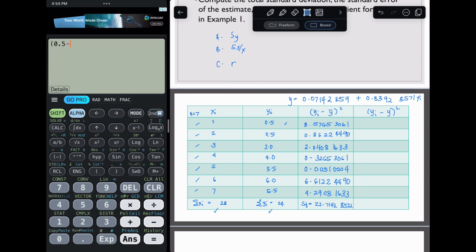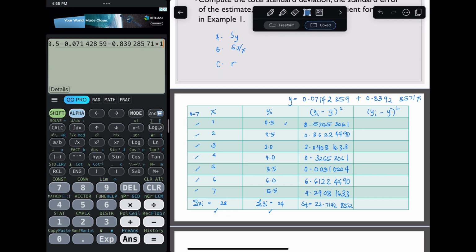So we start with y sub i, which is 0.5, then minus 0.07142859, and then minus 0.83928571.